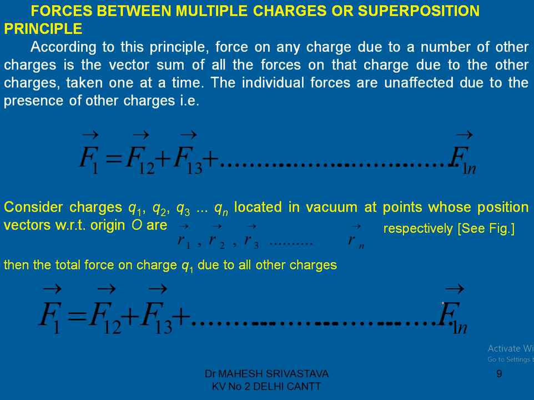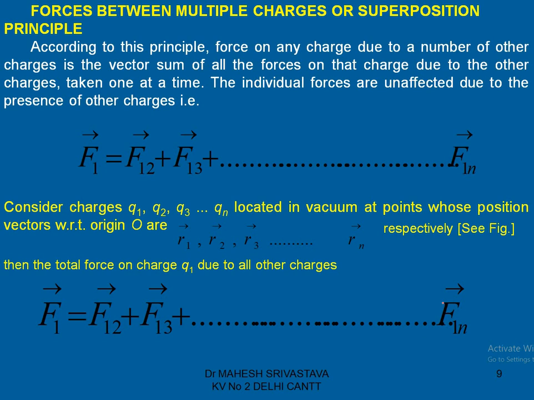Now another topic, forces between multiple charges or the superposition principle. First you understand the meaning of the superposition principle. According to this principle, the force on any given charge due to a number of other charges present around it is always equal to the vector sum of all the forces on that given charge due to the other charges taken one at a time.